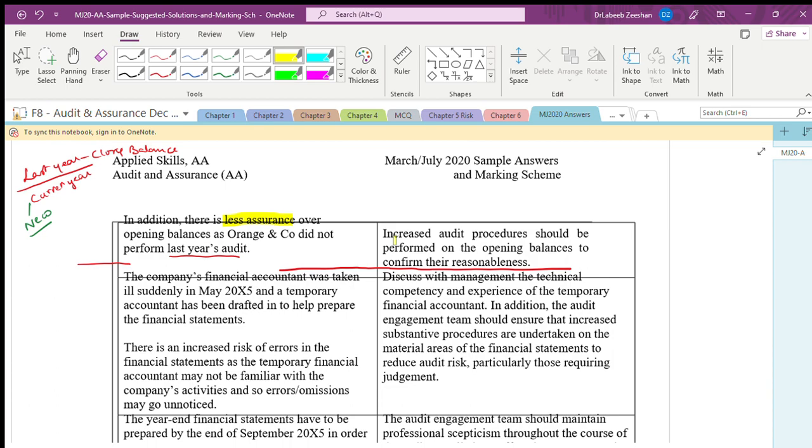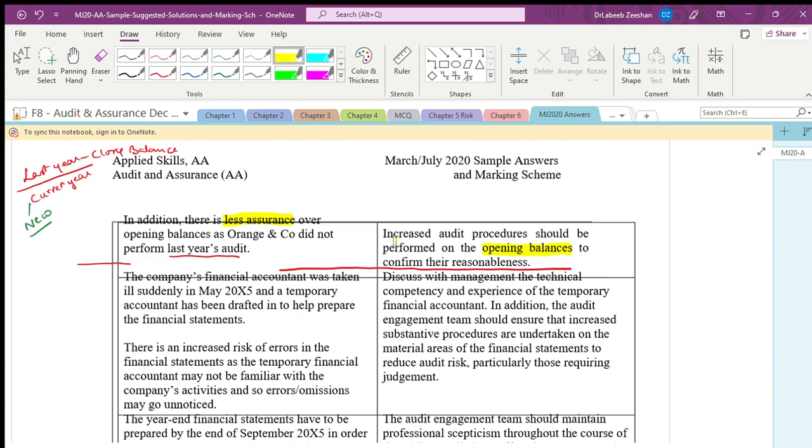You increase the audit procedures, especially for which type of balances? Opening balances. You have to increase the procedures for the opening balances as such. Once you have increased the procedures, what will happen? Definitely we can rely on the opening balances.